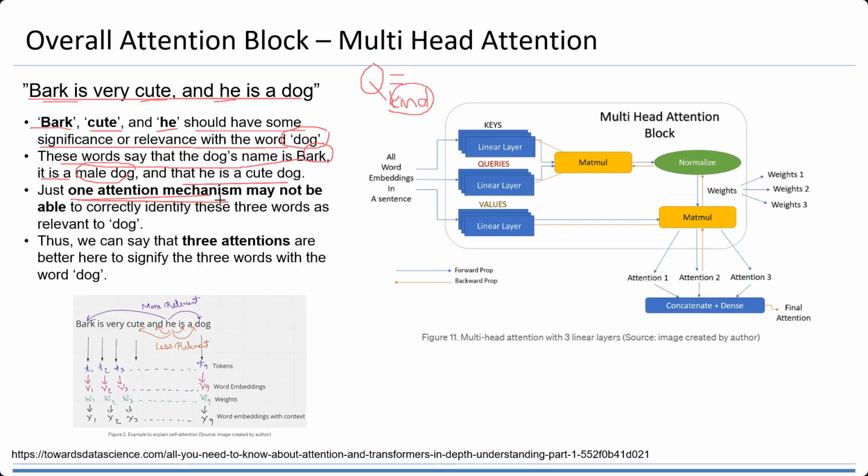But if there are many words, like Park, cute, and he, we need to pay more attention for this sentence. Then just one attention mechanism may not be able to correctly identify these three words as relevant to dog.